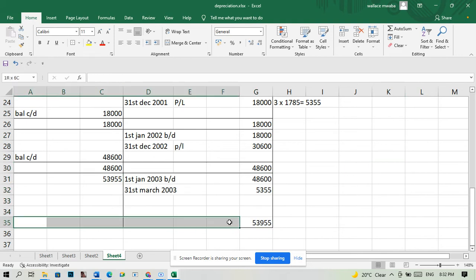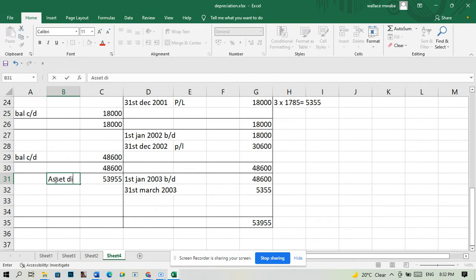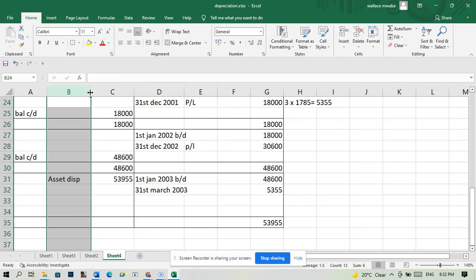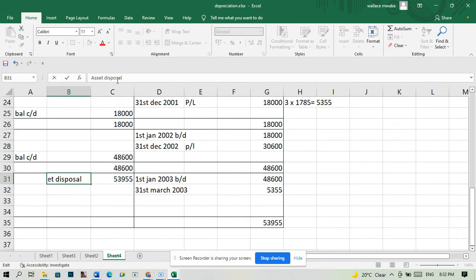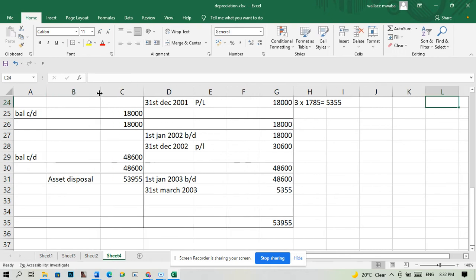All right, so we close off this account. All right, so we're going to say asset disposal, 59,955. All right, so that's the amount going to our asset disposal.